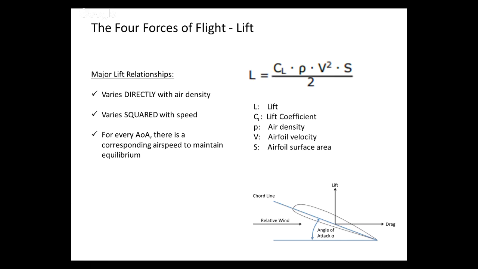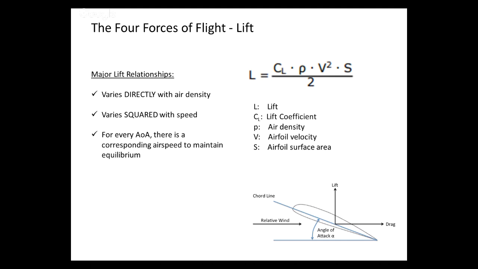So the equation for lift is there on the screen, and so are the parameters. And I wouldn't spend time memorizing it, but it is important to understand and take note that in the numerator, you've got air density, rho, and you've got velocity, airfoil velocity.